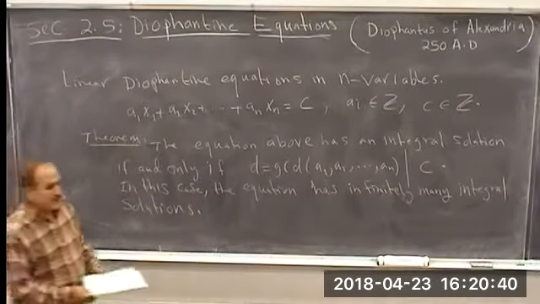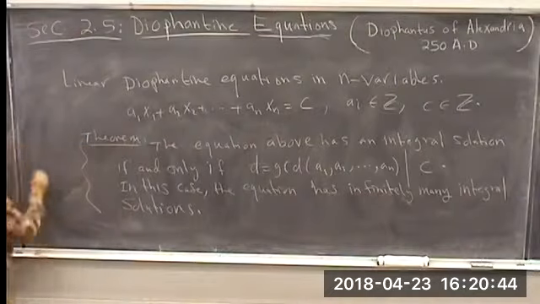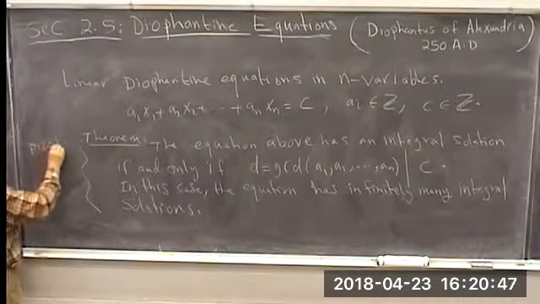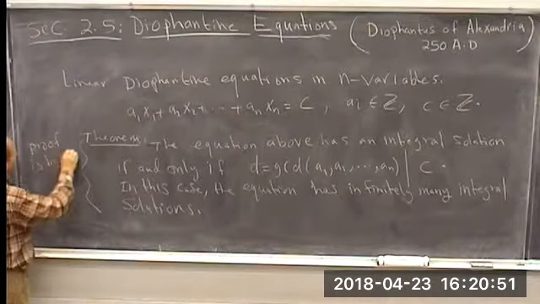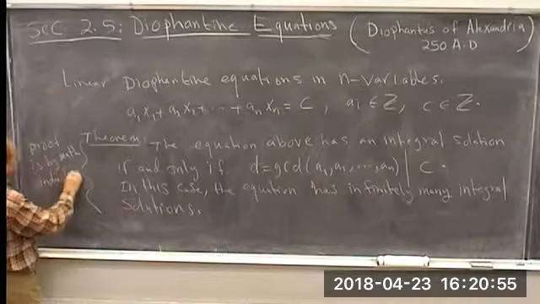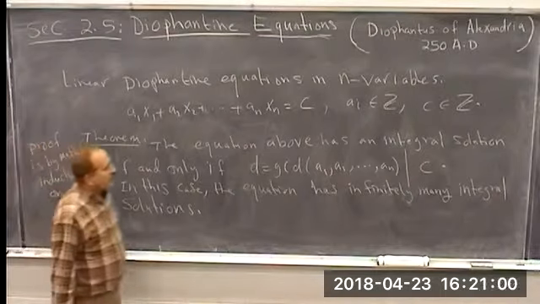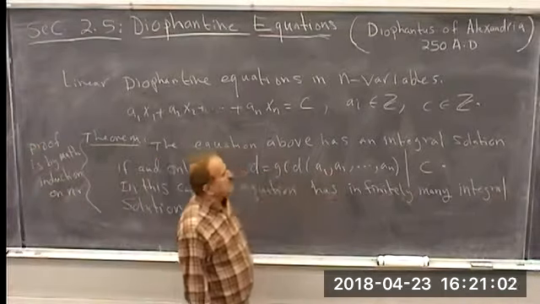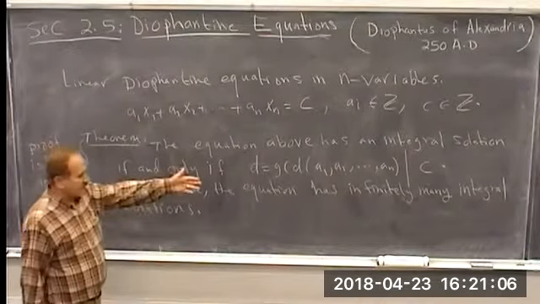And let me just put as a reference what I said, the proof here is by math induction on n, the number of variables, all right? So we know it's true for two variables, actually it's true for even one variable.